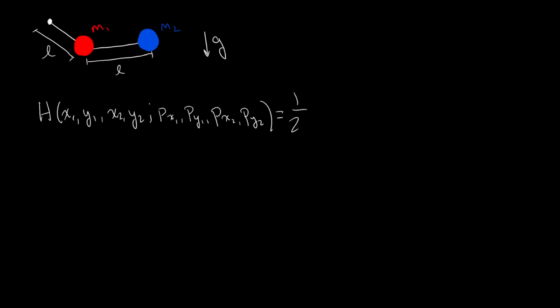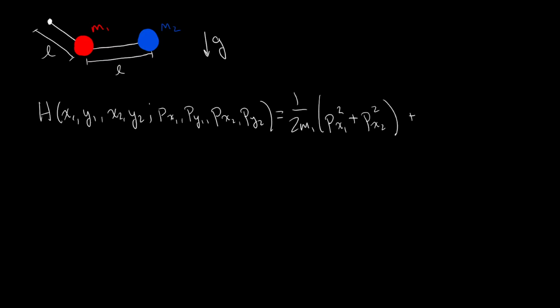We can write down the Hamiltonian in Cartesian coordinates. I'll call this x1, y1, x2, y2, and then p sub x1, p sub y1, p sub x2, p sub y2. This is 1 over 2m1, p sub x1 squared plus p sub y1 squared.